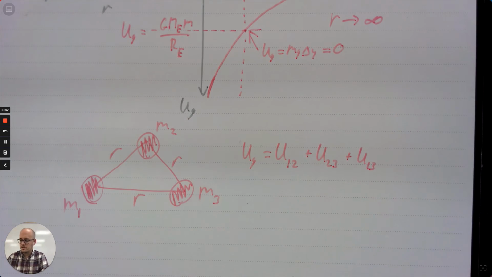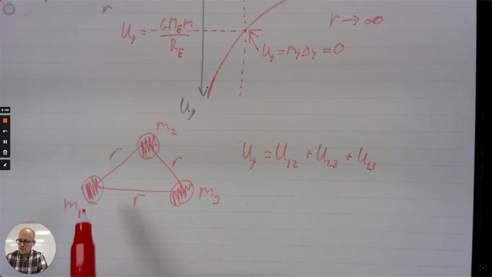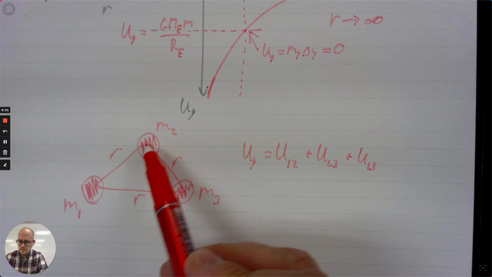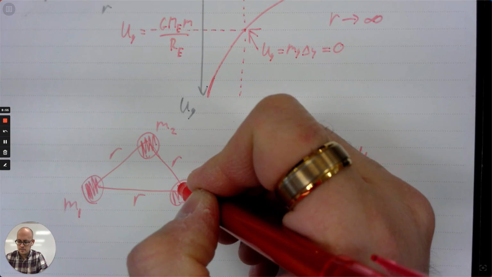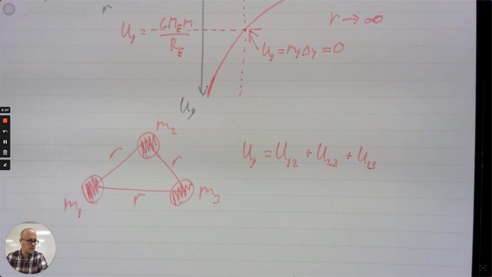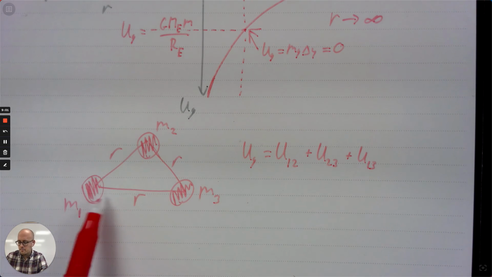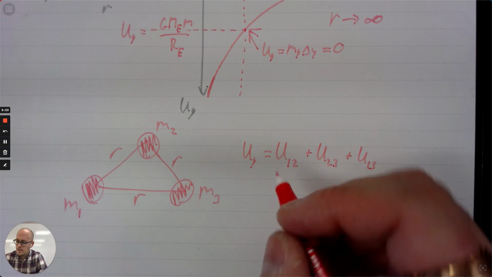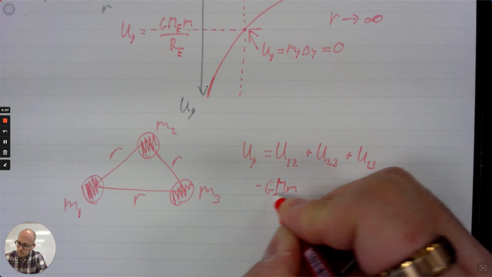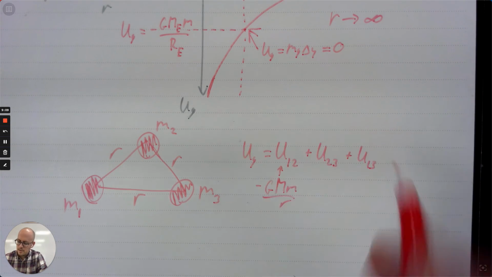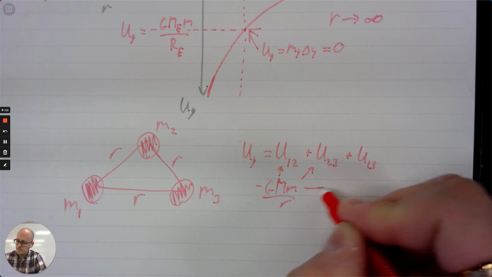In other words, there is potential energy being stored between these 2 masses. There's a different amount of energy being stored between these 2 masses, and still a different amount of energy being stored between those 2 masses. Now, I put in just letters. You would then have to use negative G M M over R for each term and add it up.